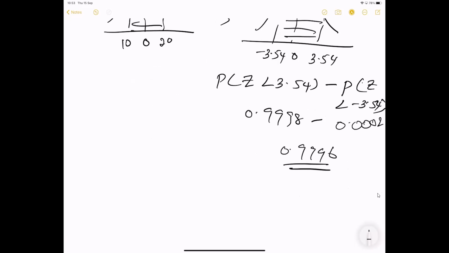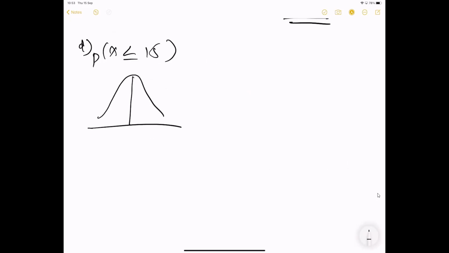For part D, X less than or equal to 15. That means our mean value, which is also 15, and we are asking about this probability. Definitely this one should be 0.5. Let's check.